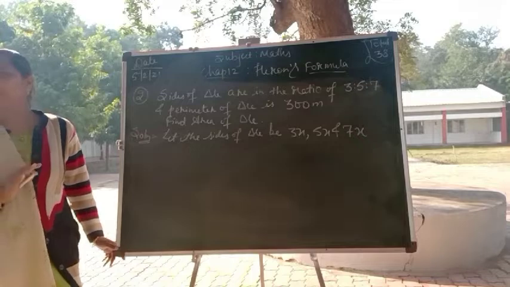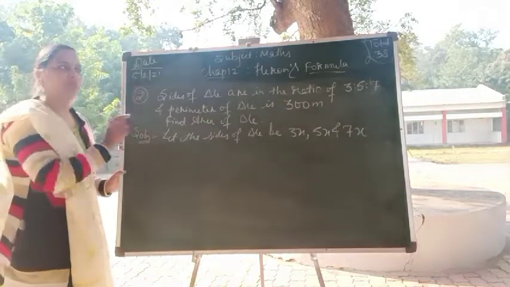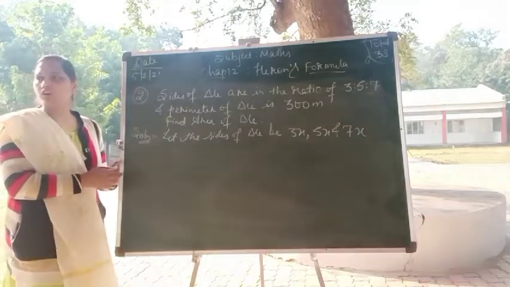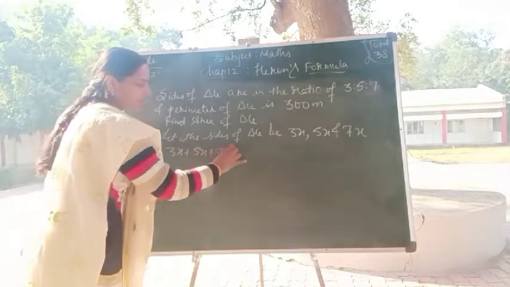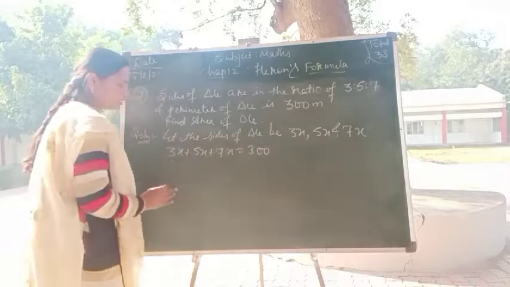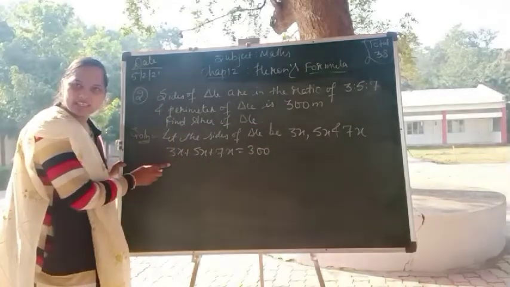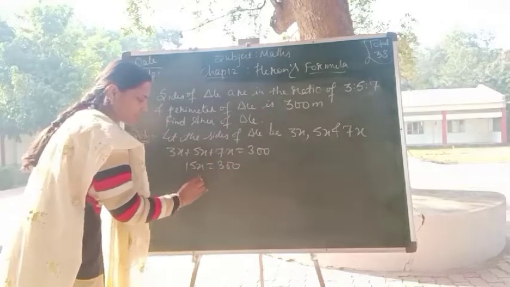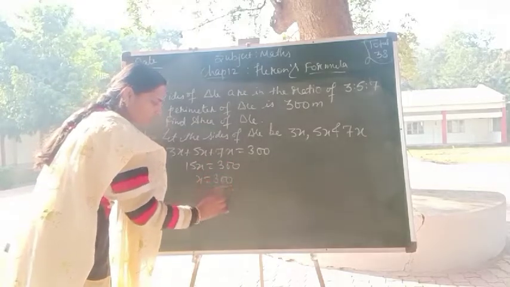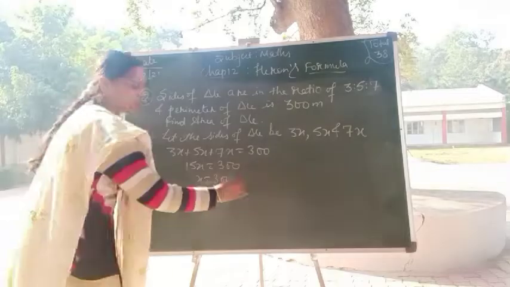First assumption is right. So now after that I am given the perimeter. Perimeter means sum of all three sides. 3x plus 5x plus 7x equals to 300. So 7 plus 3 is 10, 10 plus 5, 15x equals to 300. So x equals to 300 by 15, that is 20.